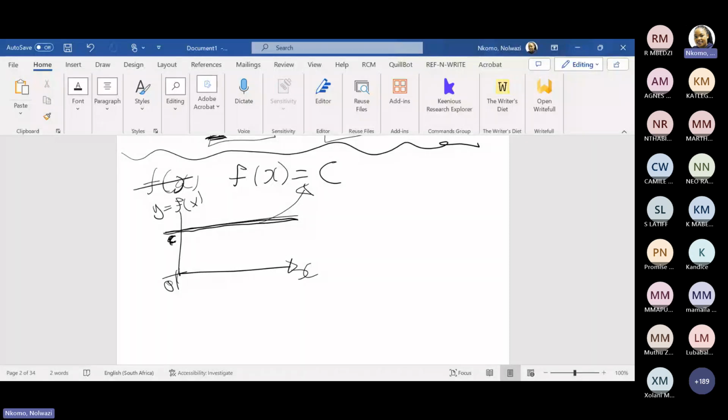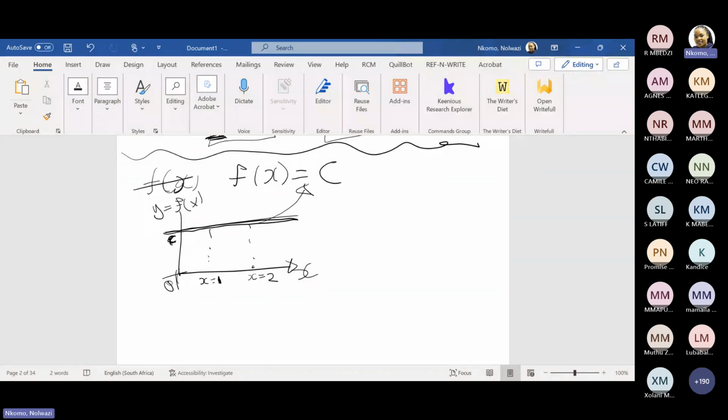Okay, let's say you are asked to find the slope for this function. Let's say we take 2 points. Here we have x equals 1 and x equals 2.